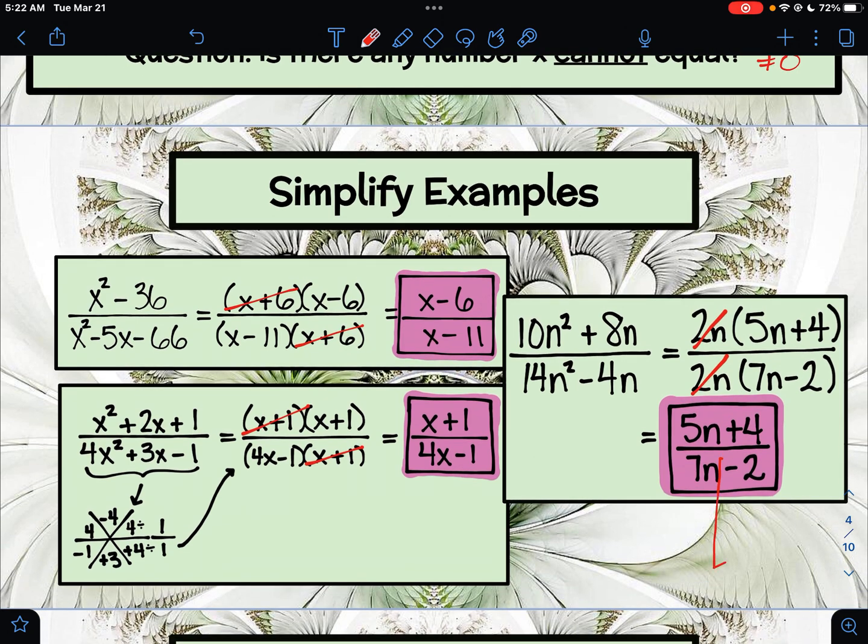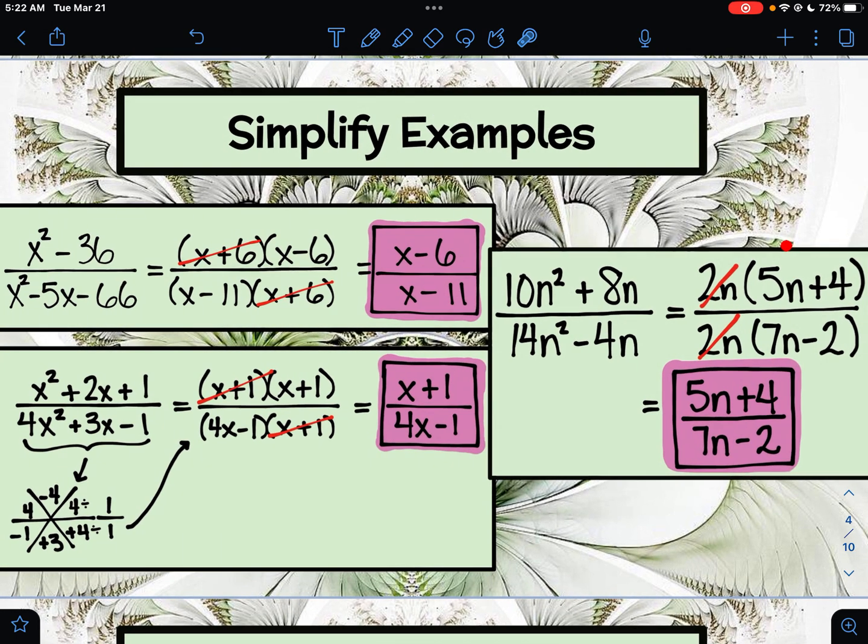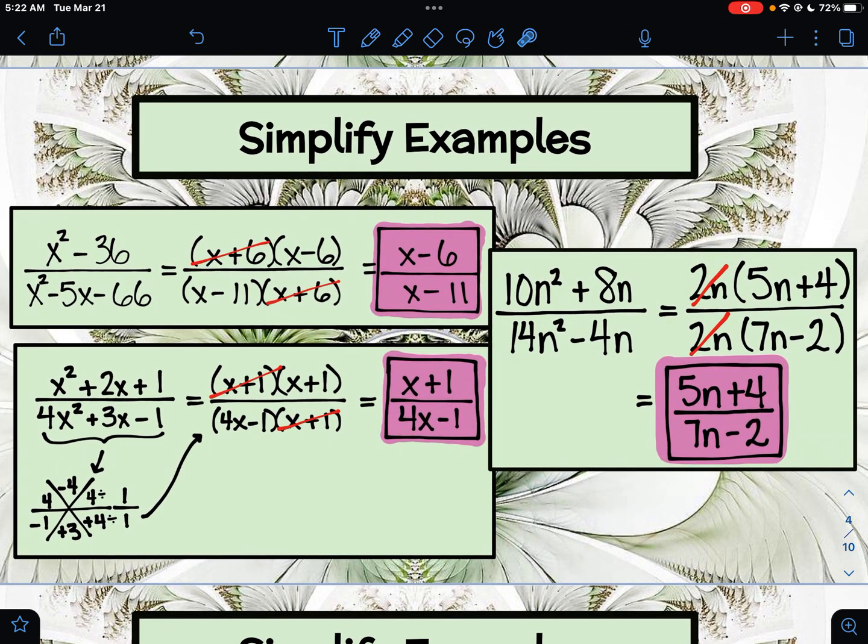Okay. So one of the issues that some students have with these problems is they don't always look the same. Sometimes you're going to have binomials. Sometimes you'll have difference of perfect squares. Sometimes you have a trinomial. Sometimes you have to use the snowflake. Sometimes you don't. There's a lot to take in.